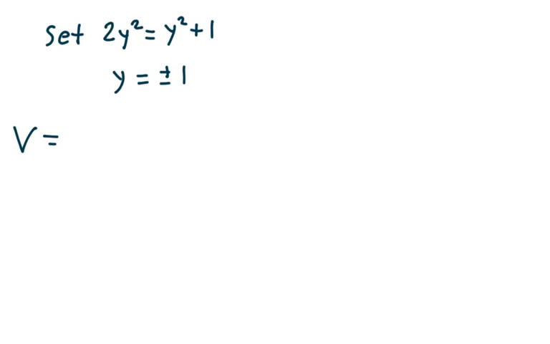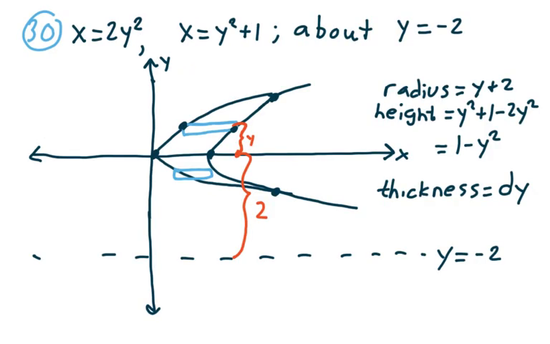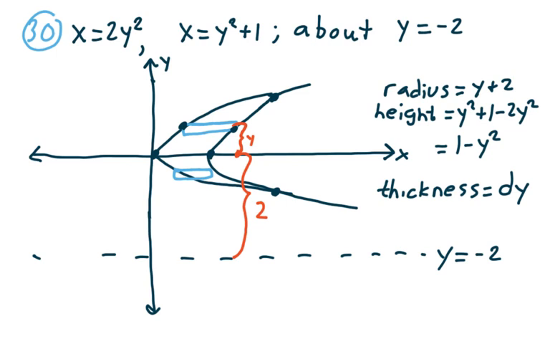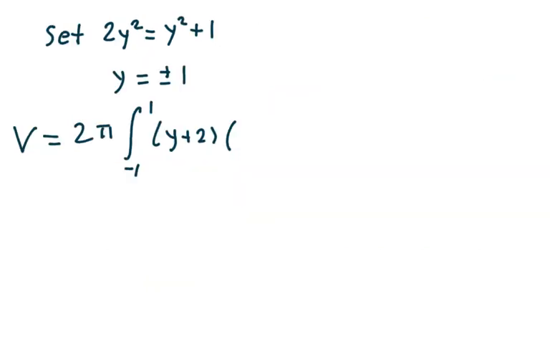And so my volume is 2 pi times the integral from -1 to 1, where my radius is y plus 2, my height is 1 minus y squared, and I integrate with respect to y.